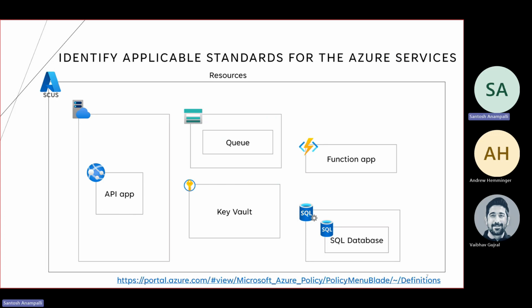So let's take this workload. As part of the use case, there were multiple workloads which I've shown you. Let's pick one workload where it uses these Azure services. When I look into this one, I had to identify what the applicable standards are for the services.